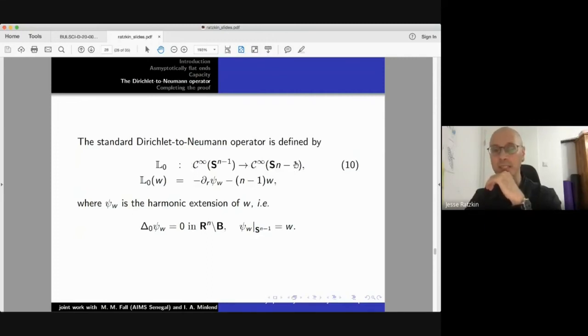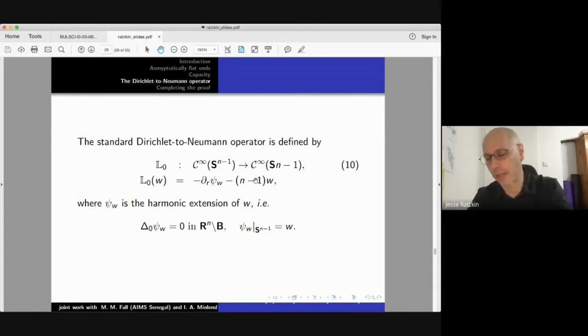What do I do to get this other function on the sphere? I take the harmonic extension of my w, and then I take its normal derivative. And then actually I'm going to subtract off this value here.